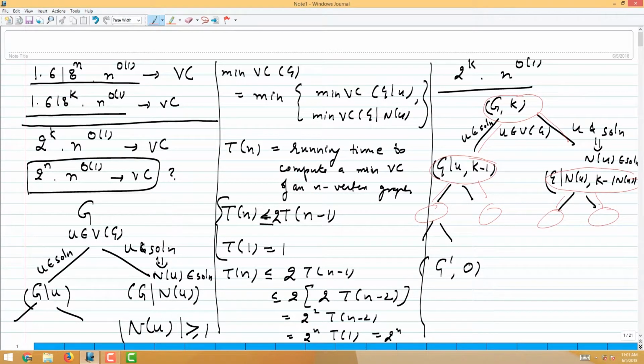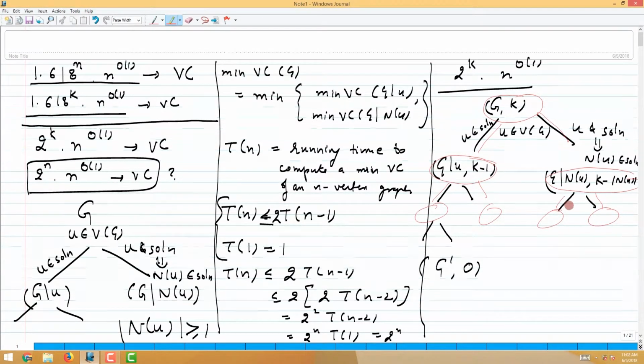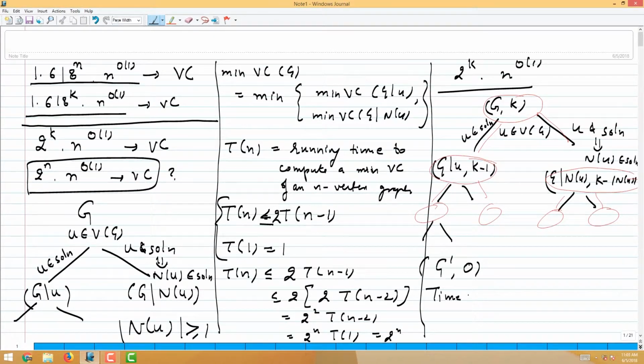And okay, so similarly, how many nodes are there in the branching tree that we just wrote? This one, this branching tree, how many nodes are there here? Exactly, there are 2 power k. So basically, you could write a recurrence like this. So the number of branching nodes in this tree is 2 power k. So another way of looking at running times of branching algorithms is just compute the total number of nodes in a branching tree and see how much time you are spending at each node of the branching tree.